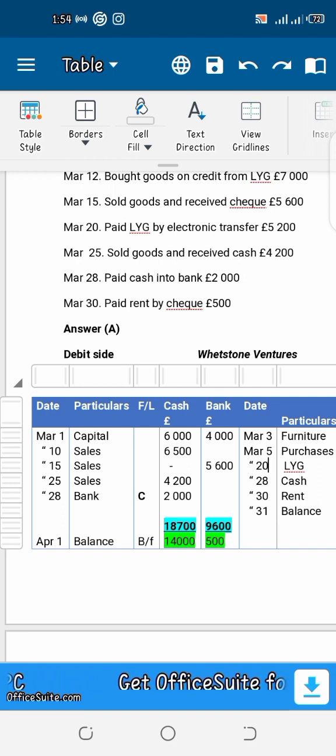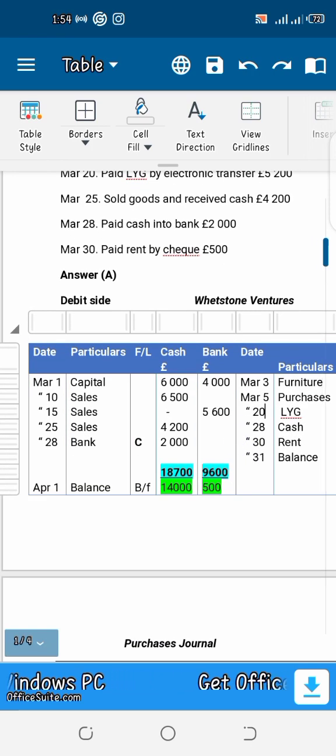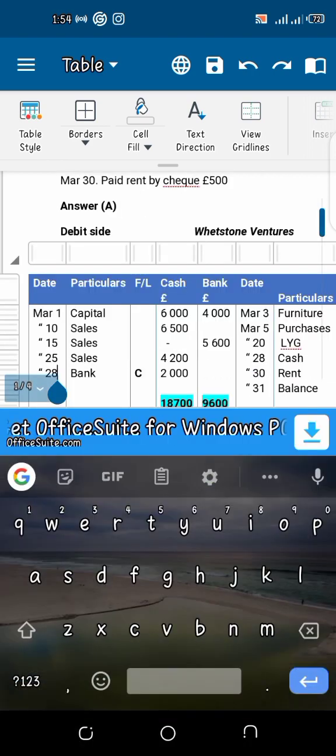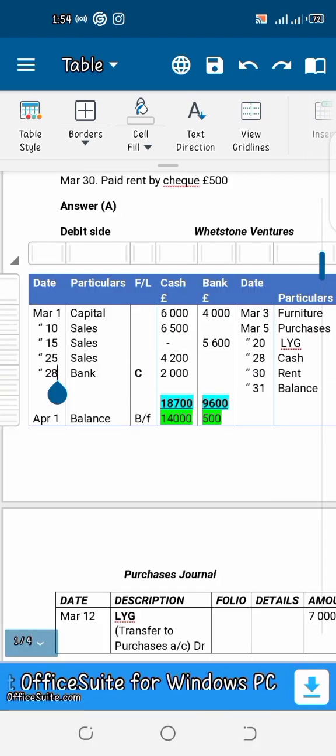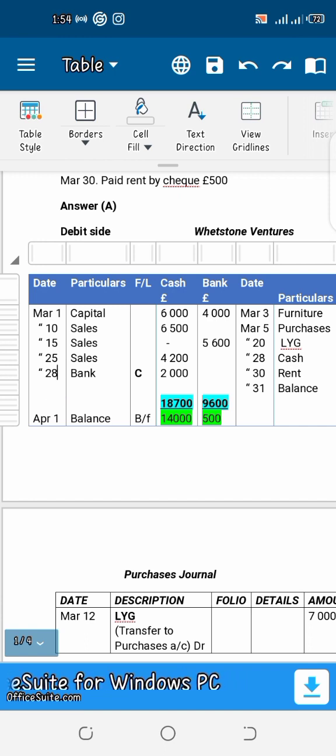In this case, the money is not spent, it's not going out of the business, it's only being paid into the bank account of the business. Now it is indicated in the cash book. Look at the debit side, it shows March 28th, bank received £2,000.